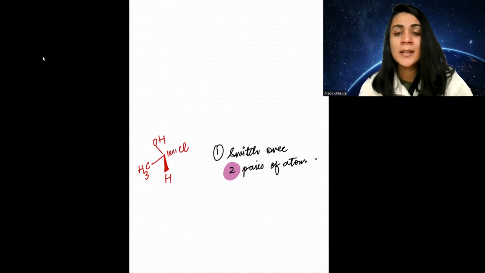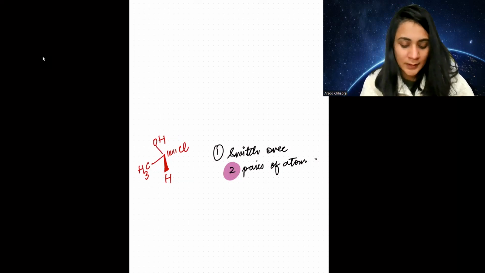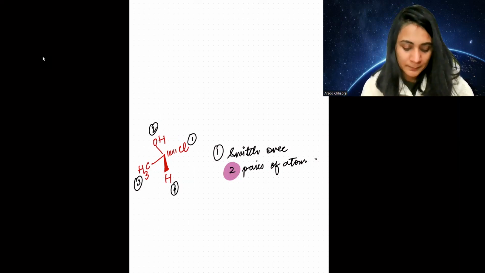And what we mean by switching over 2 pairs of atoms, let's actually look at that. Let's actually switch them over. So the first thing again, I'm going to number them 1, 2, 3, 4, right? And now I'm switching over H and Cl, okay?